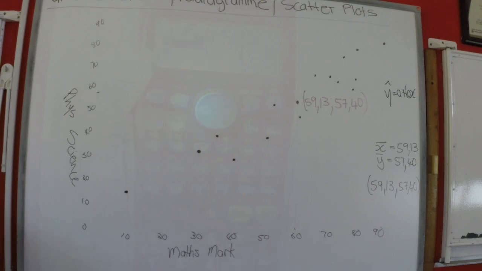Dan sit the next X value is 30, that's now all the maths marks. 35, enter, 40, enter, 50, enter, 52, enter, 60, enter, dan 65, 70, 73, 75, 78, 79, 80 and 90. So that's all the math marks.